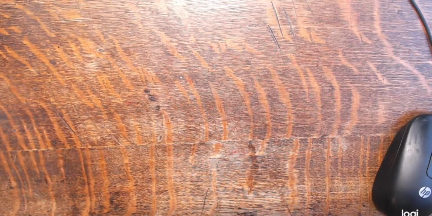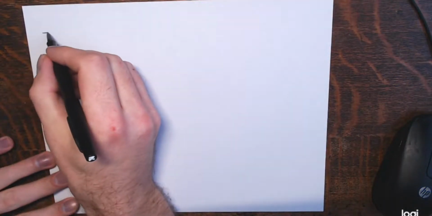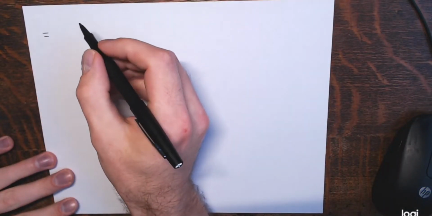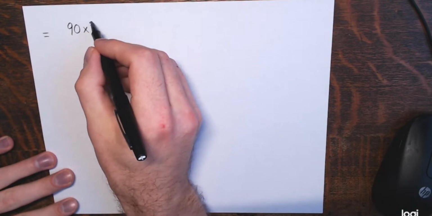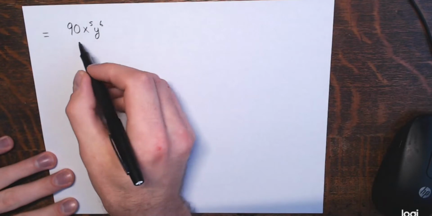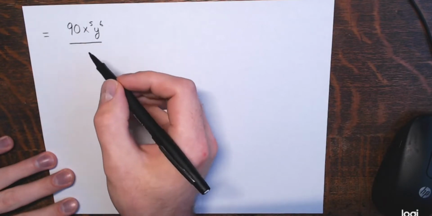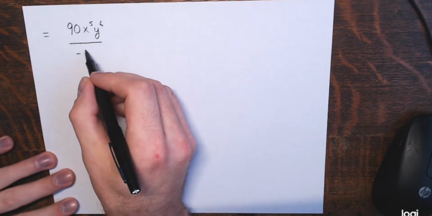Alright. So I'm just going to write the split. I'm going to write the sum of the three fractions. The first term in the numerator was 90 x to the fifth y to the sixth, and that's going to be divided by the denominator, which is the monomial negative 9x.